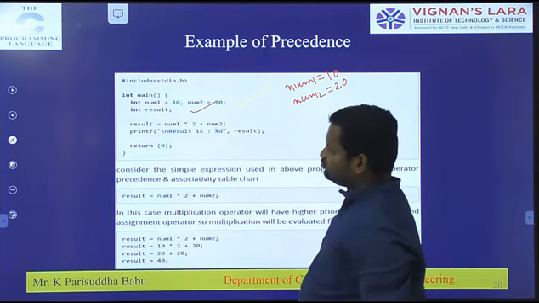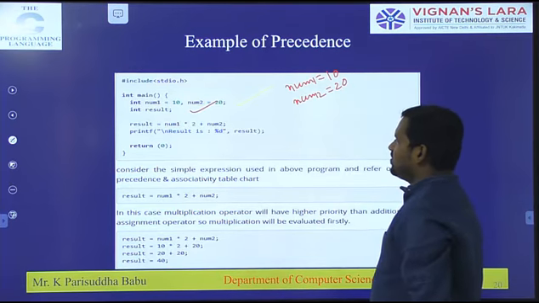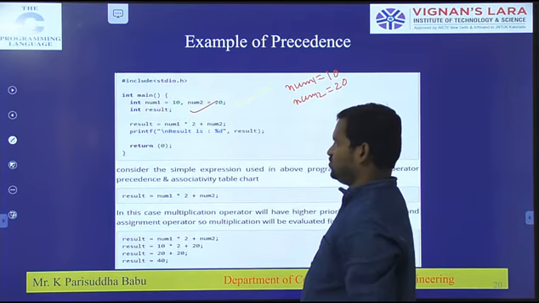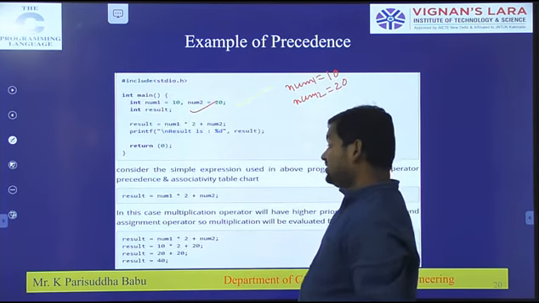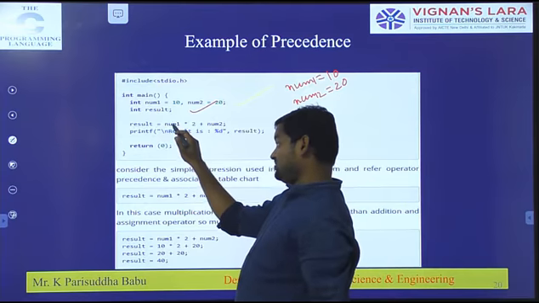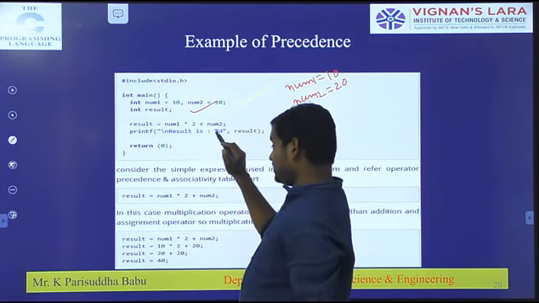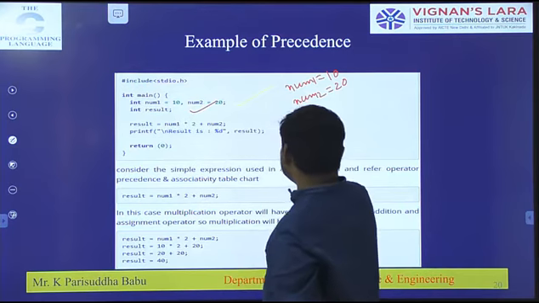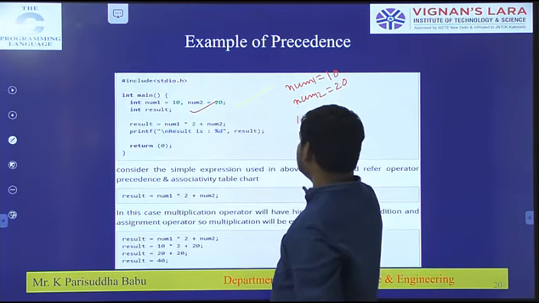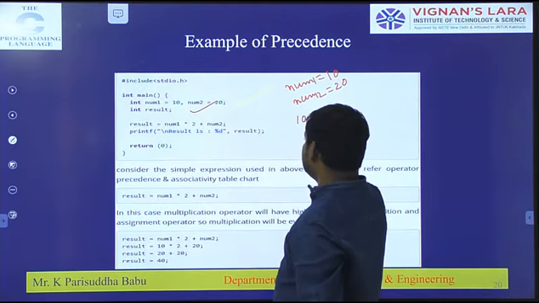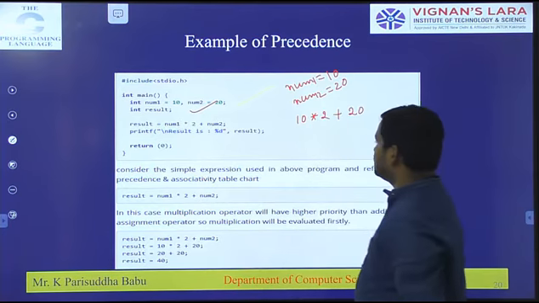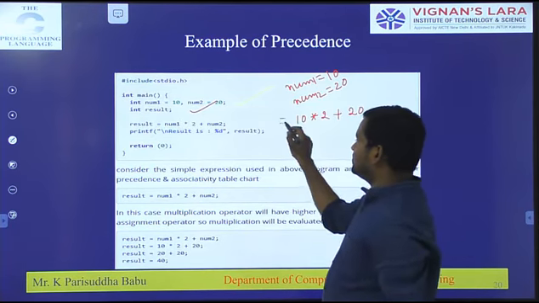Now what is this expression? num into 2 plus num2. With num being 10, it is 10 into 2 plus 20, assigned to result.